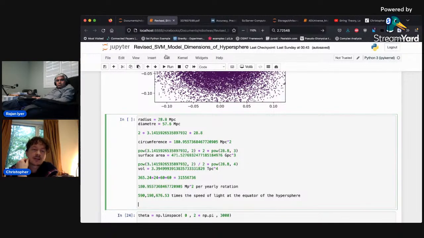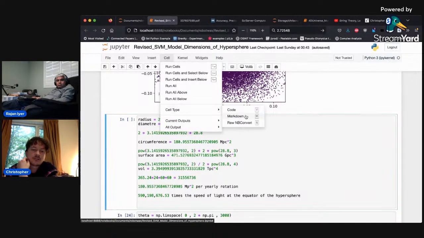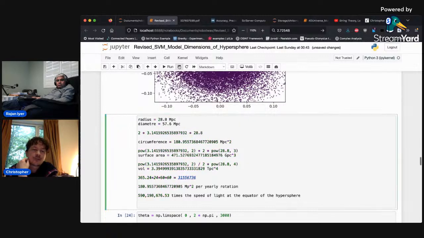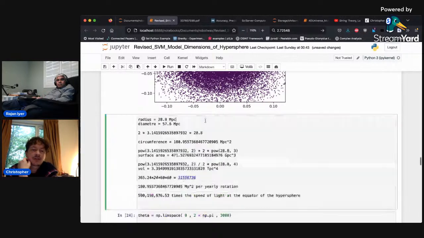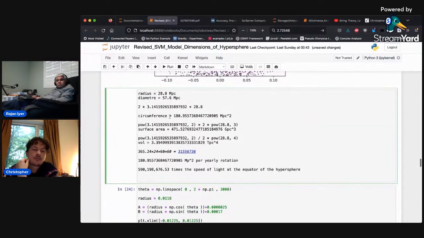Radius, hang on a sec, I'll just sort. So the radius is 28.8 megaparsecs. The diameter will be 57.6 megaparsecs. The circumference is 180 megaparsecs squared. The surface area is 471 gigaparsecs cubed.